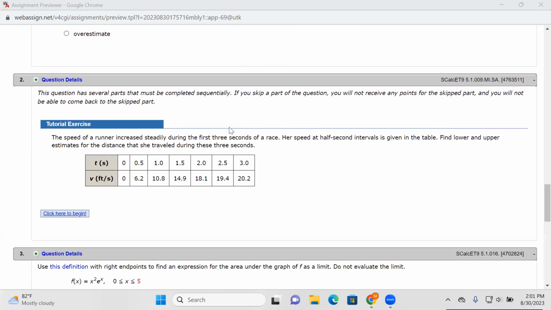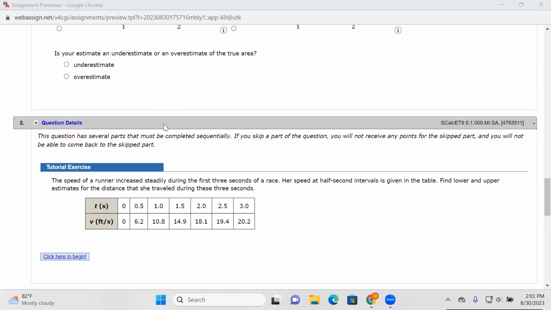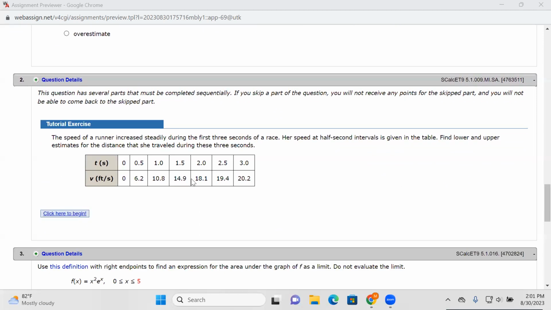Now, this situation here is giving us the data that is our function evaluations without actually giving us the explicit function, which is actually helpful, right? Because you know what f of 0.5 is, it's 6.2, and you know what f of 1 is, it's 10.8. And now what are we supposed to do here? Find the lower and upper estimates.